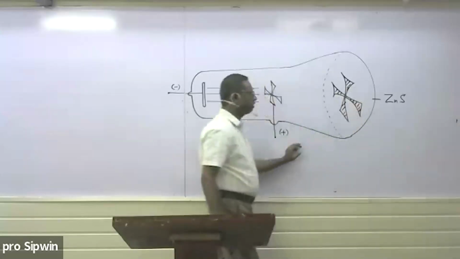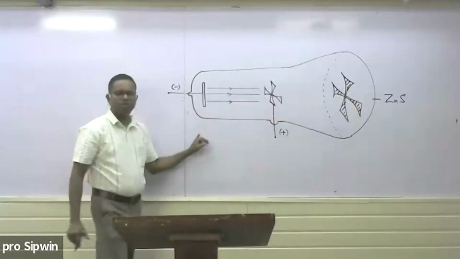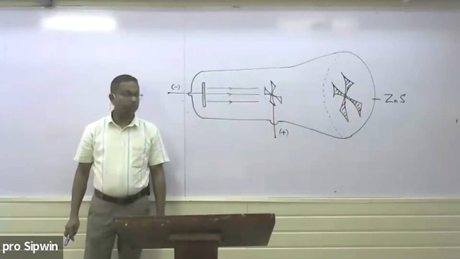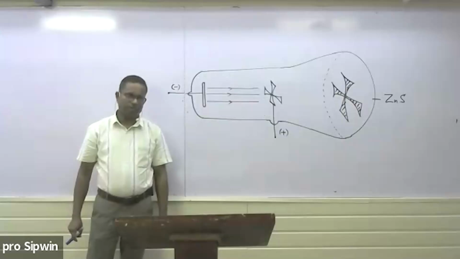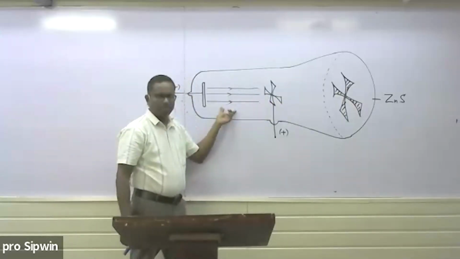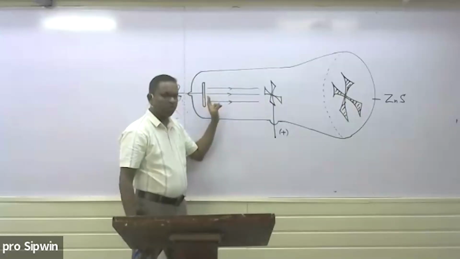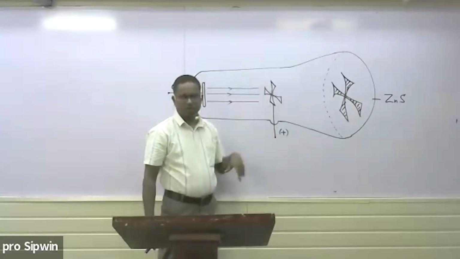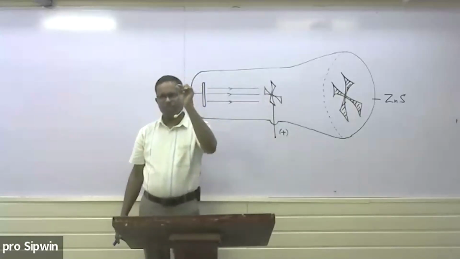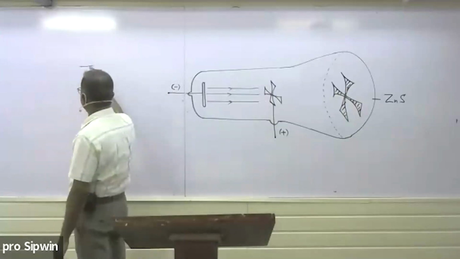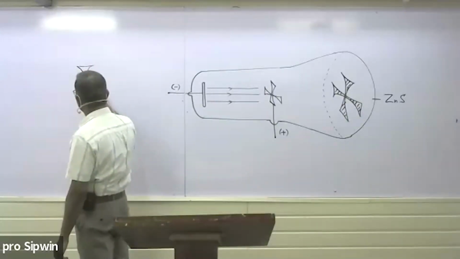Now with that one, Thomson was able to confirm these are moving in straight lines. How did he confirm that? Like this way. The cross here is made out of sharp edges and margins.